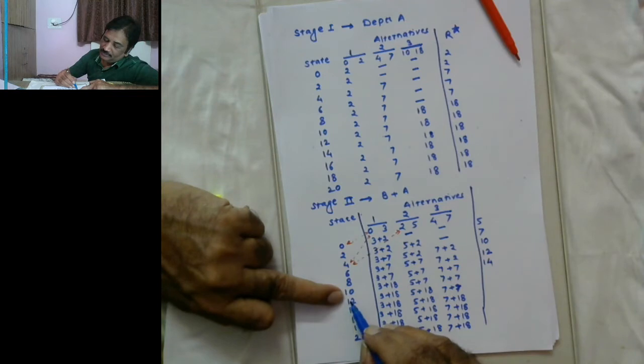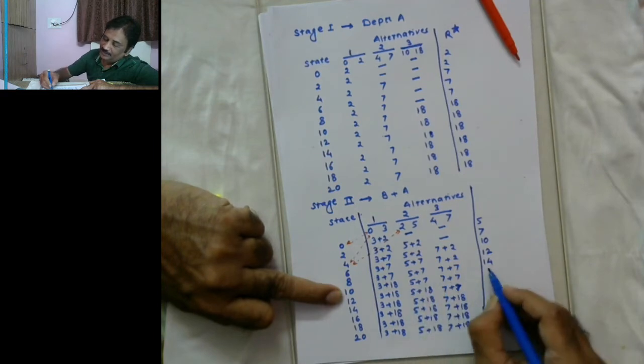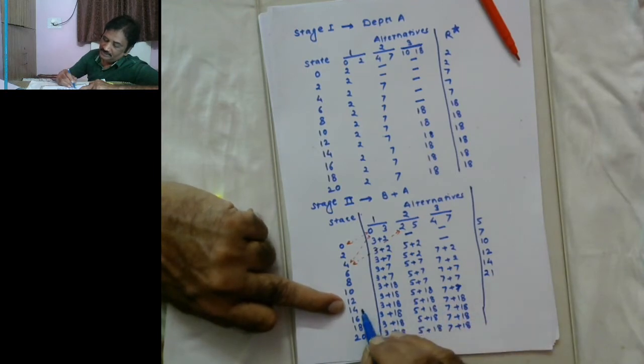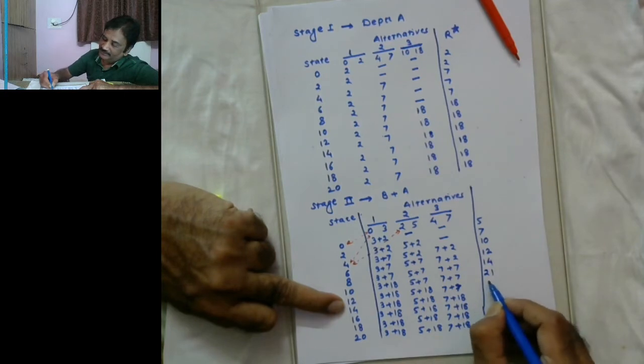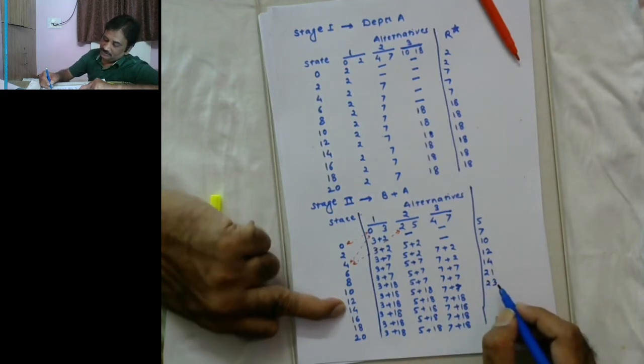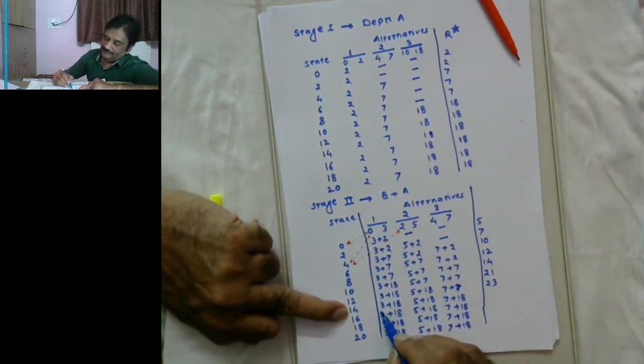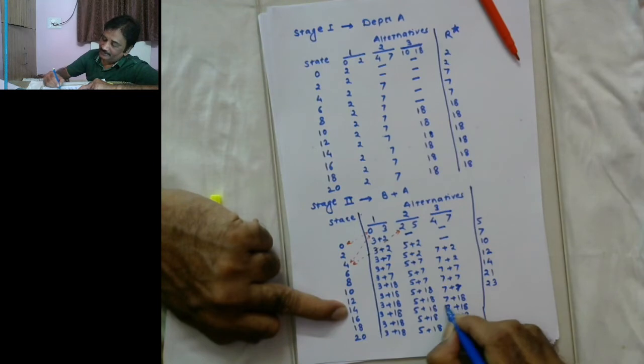Then if you assume you have 10 crore, this is 21, this is 12, and this is 14, so 21. If you assume you have 12 crore, this is 20, this is 21, 23, and 14. 23 is the best return. Then if you assume you have 14 crore, this is 21, this is 23, this is 25: 18 plus 7, 25.